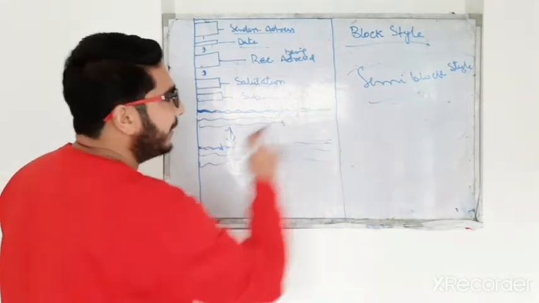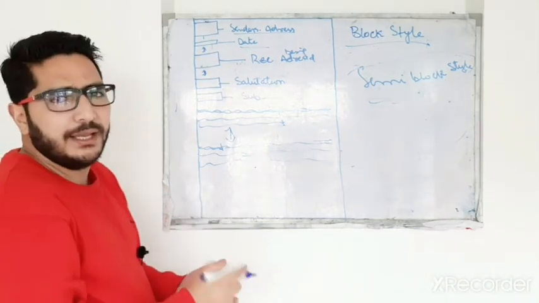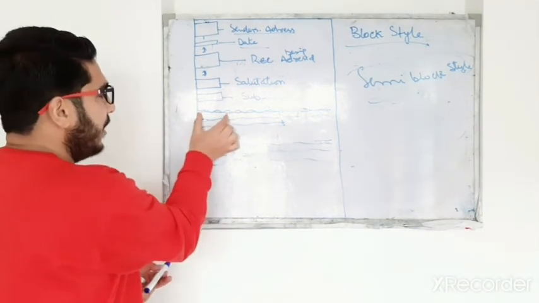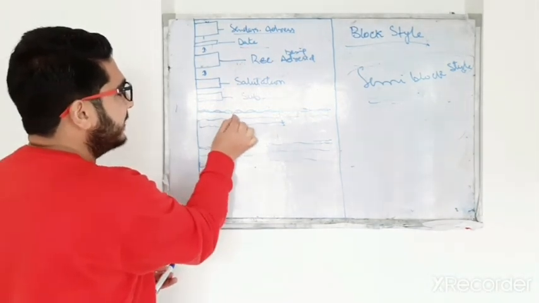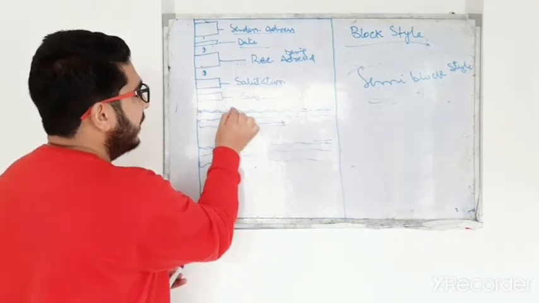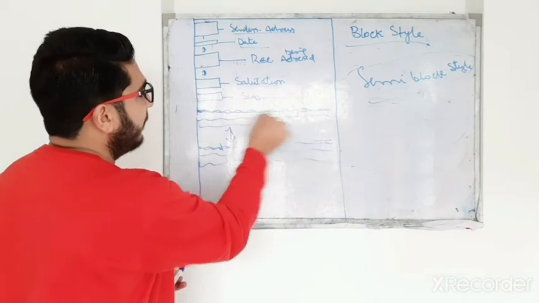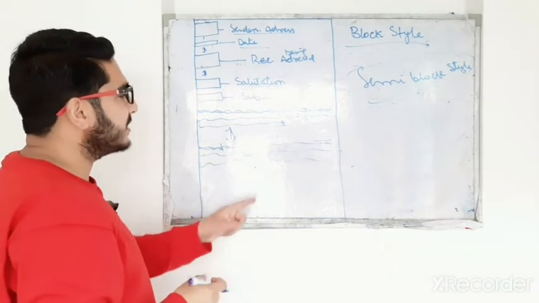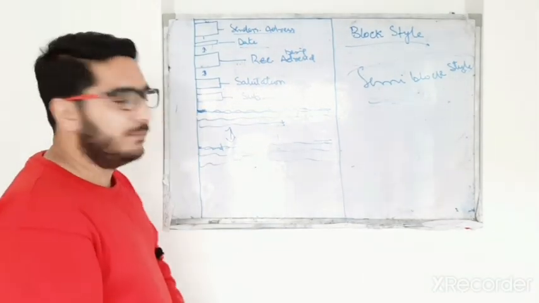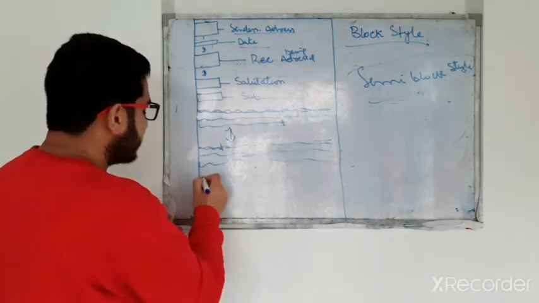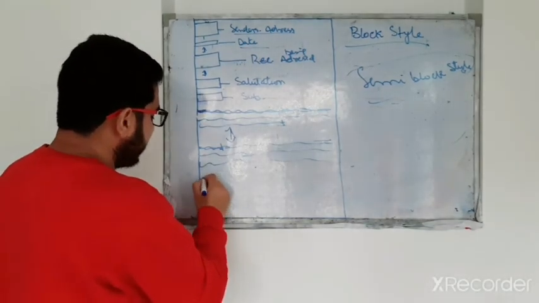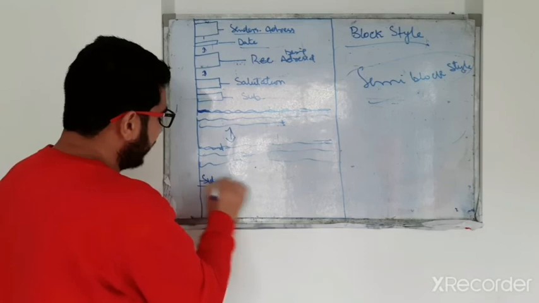If it were semi-block style, it was okay, meaning we could leave space here and then start writing the first sentence of the first paragraph from here. But it is block style, and these rules are followed in block style. And lastly, this subscription is also written here.